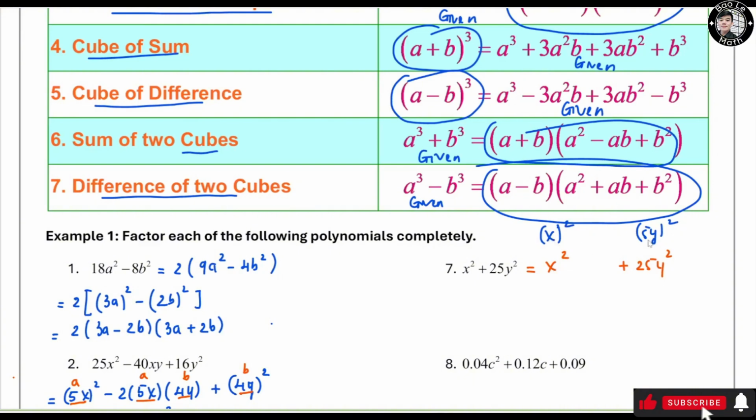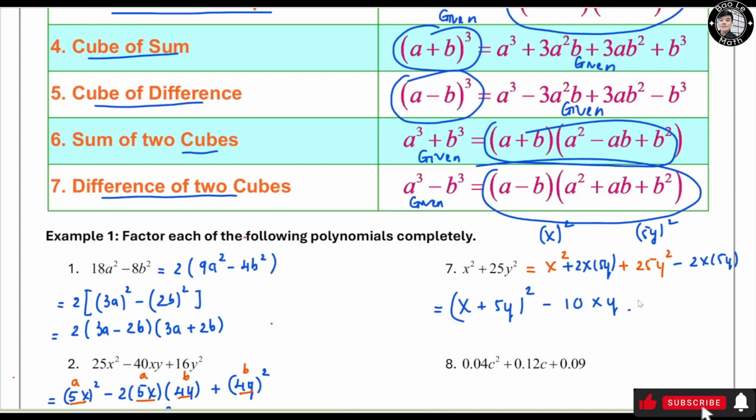So a is x, b is 5y. So I'm going to add 2 times a, which means x, times b, which means times 5y, right? And then I'm going to subtract 2x times 5y, right? So then this guy becomes x plus 5y altogether squared, subtract 2 times 5, which is going to be 10xy, right?